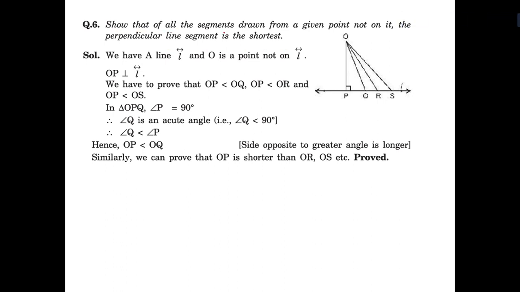Prove that of all the segments drawn from a given point not on a line, the perpendicular line segment is the shortest. That is important, and we use it every time, even in 10th standard. So we have a line L, and O is a point not on it.